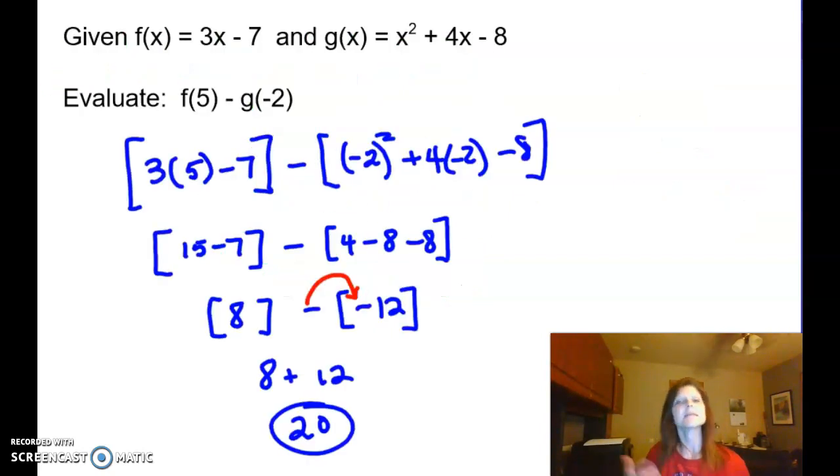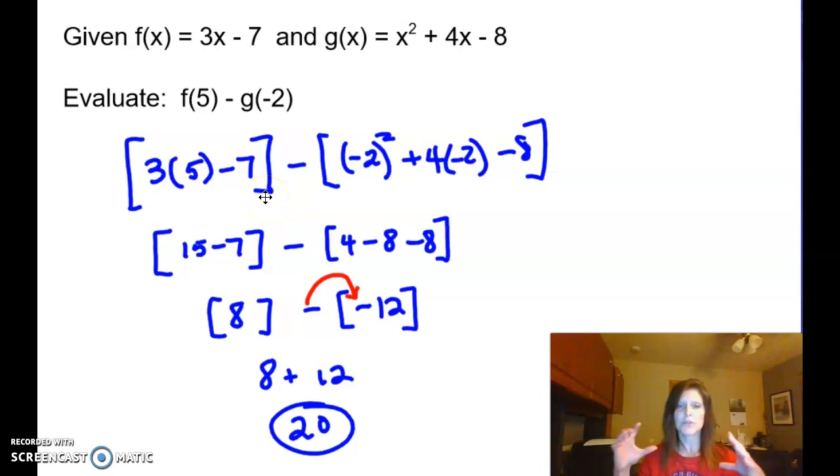Sometimes they give us a couple different functions and say, hey, do something with both of these in the same problem. So here I have a linear function, f of x equals 3x minus 7, and g of x is a quadratic or x squared function, and they say evaluate f of 5 minus g of -2. Well, I'm going to make sure I put brackets in here.